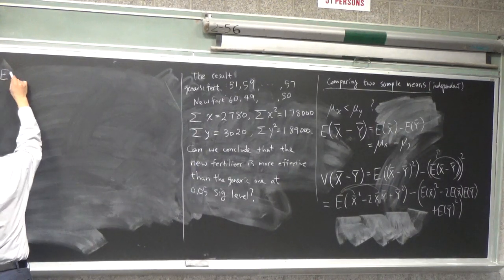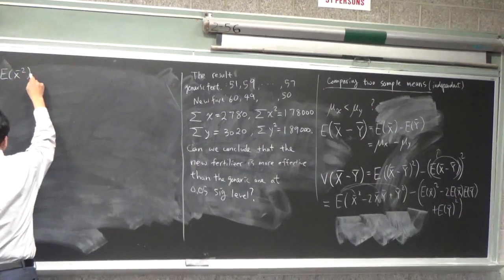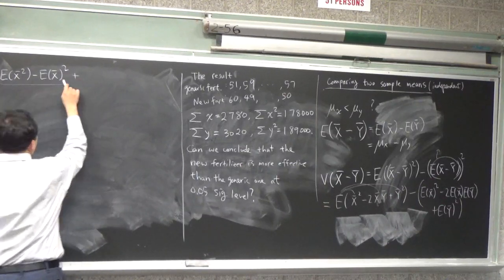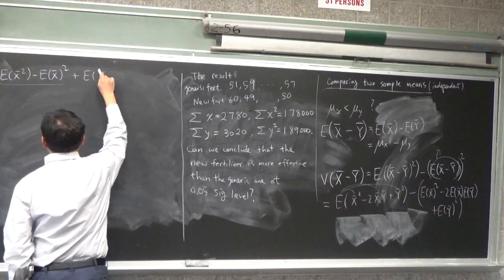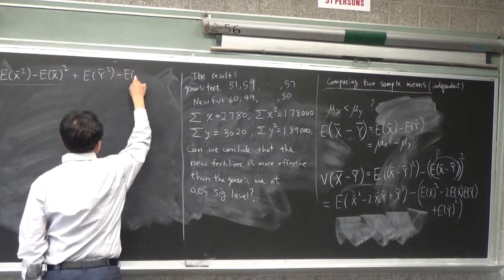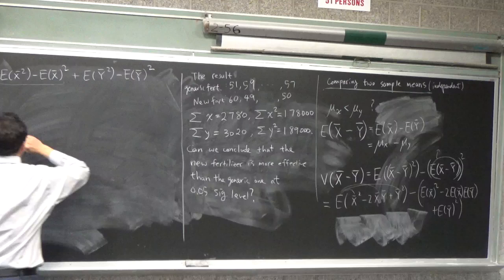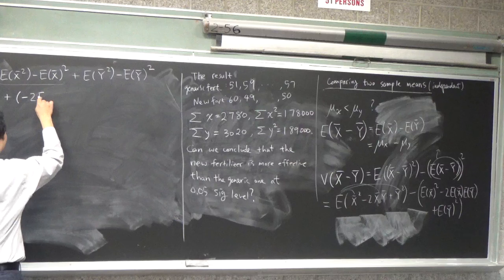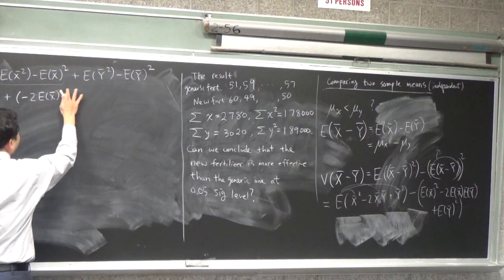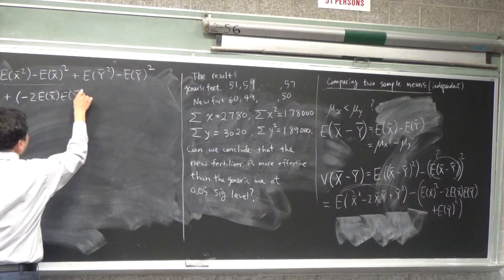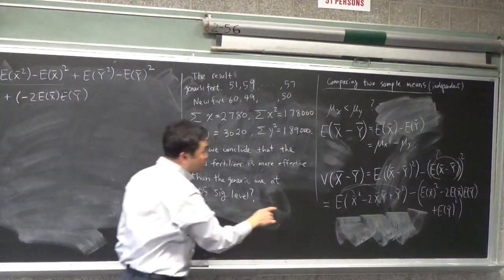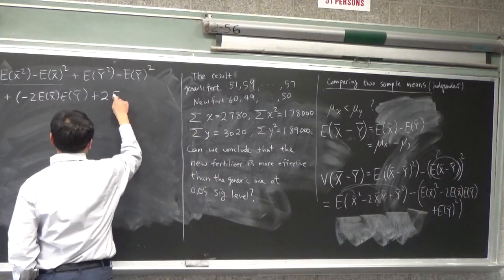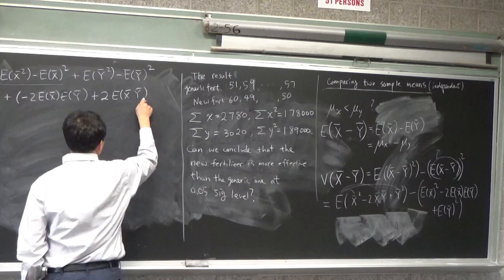You have E of x bar squared minus E of x bar squared, okay, so you have this one thing, and then E of y bar squared minus E of y bar squared, and then plus negative E of x bar E of y bar, and then there's a minus of minus, so it's plus 2E of x bar y bar.